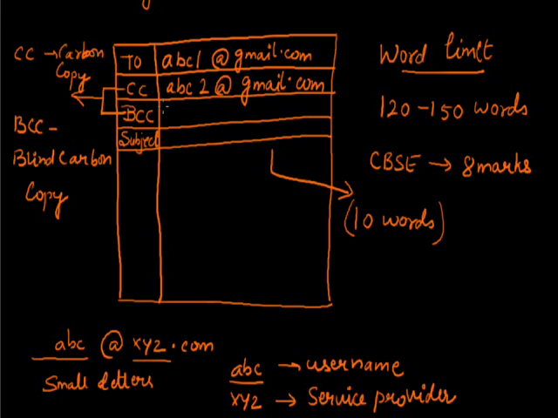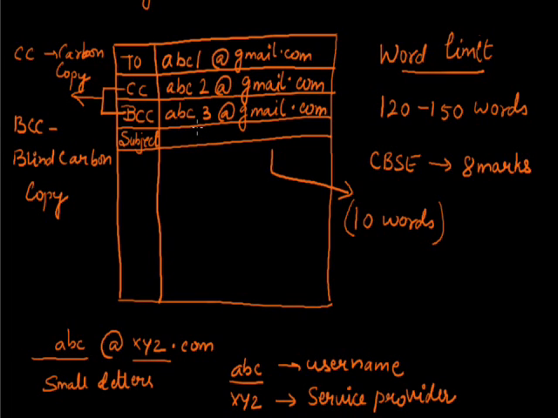Let's say if I add another user in the BCC column with username ABC3. So in that case, the email would be delivered to all the 3 users.